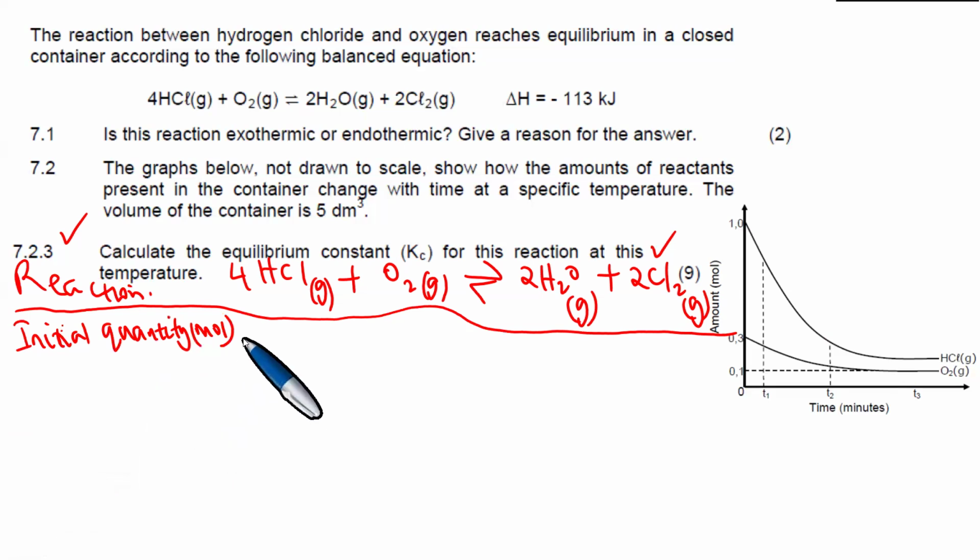We know very well that we're going to be dealing with the initial values, like we read in the question. It's a very nice question, and it offers us perfect practice. Other provincial questions can be even easier. We're starting with HCl, and HCl starts at 1 mole. Then oxygen.